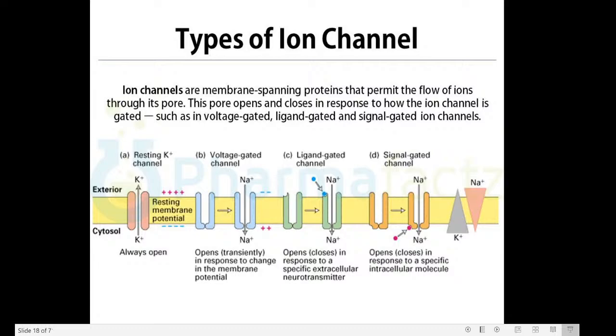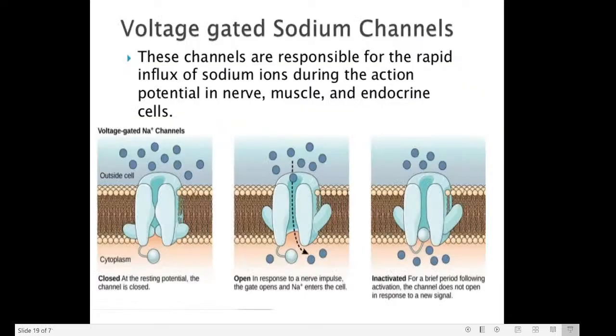Another one is the voltage-gated channel. Voltage-gated channels are responsible for rapid influx of sodium ions during the action potential in the membranes of nerves, muscles and endocrine cells. So it helps the rapid influx of sodium.